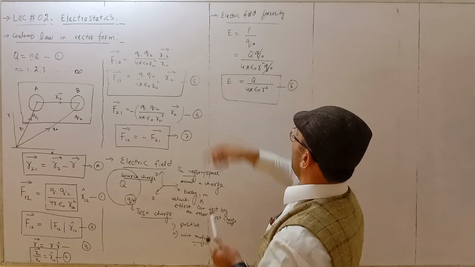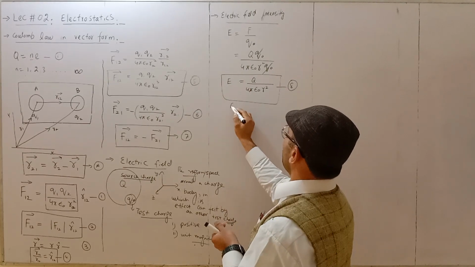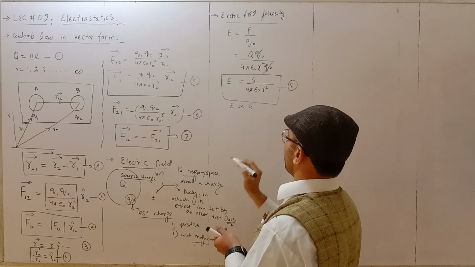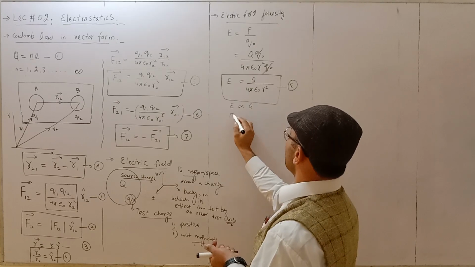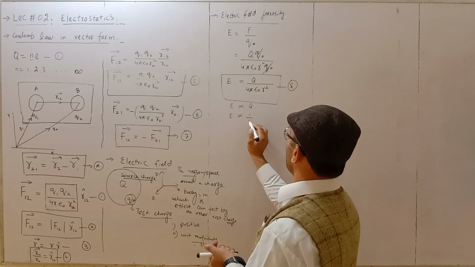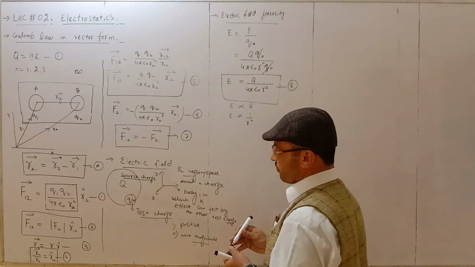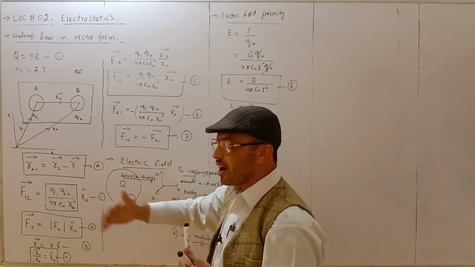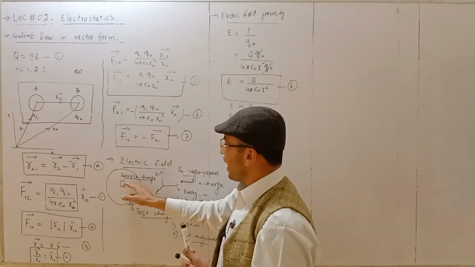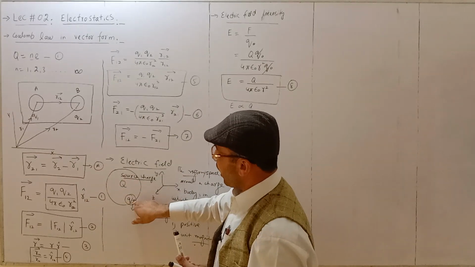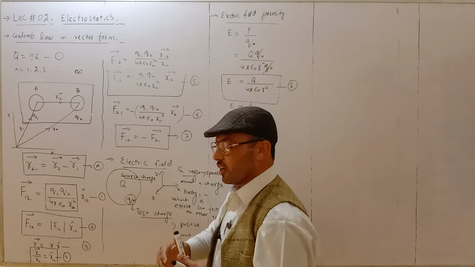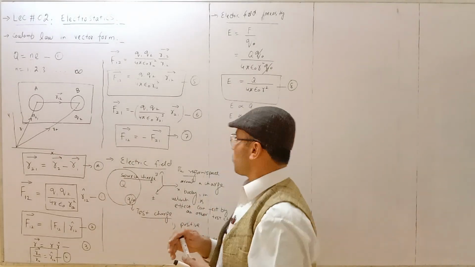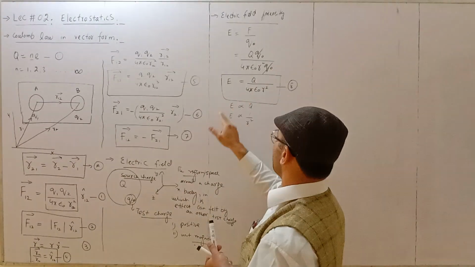So equation number 8 represents that electric field intensity has two factors. One is E proportional to the source charge, and the second factor is 1 by r squared. This means if the source charge has a large magnitude, the electric field intensity observed by the test charge is also large, because this is a direct relation.